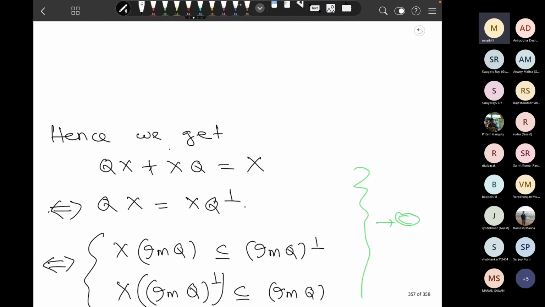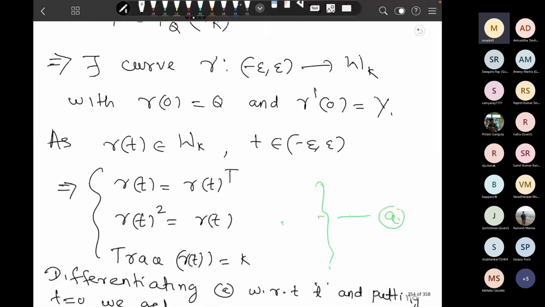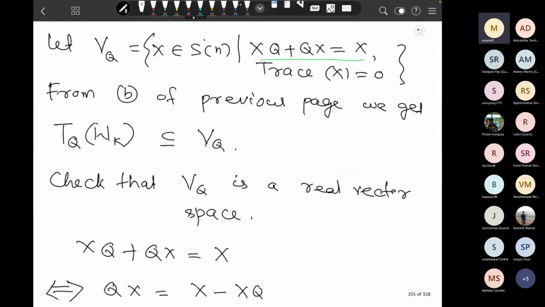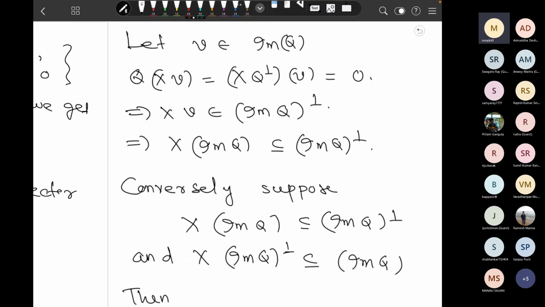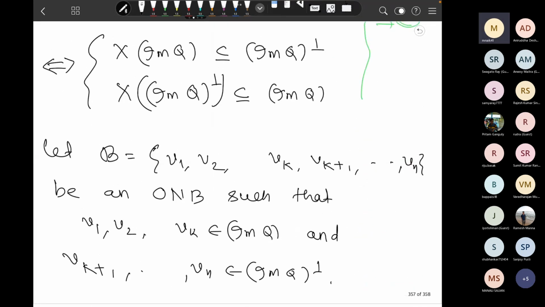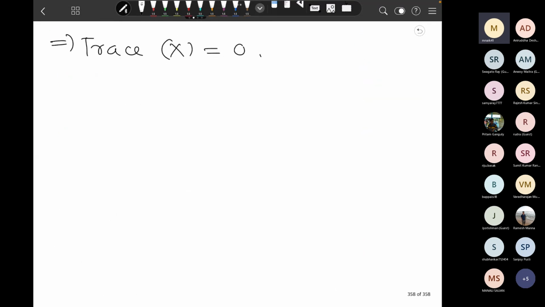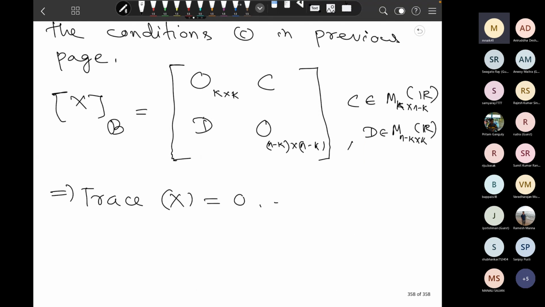So now we revisit the definition of VQ, that is XQ plus QX is equal to X. From there we get the condition X of image of Q is a subset of image of Q par, and from there we conclude that the trace of X is equal to 0.